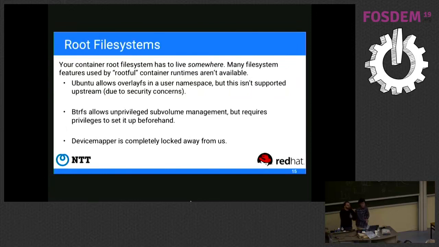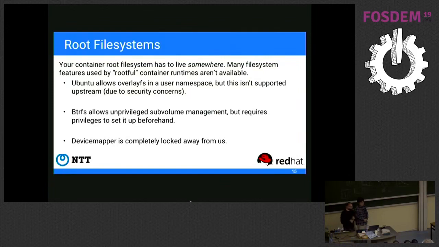The container being used needs to have its storage configured, and it needs to live somewhere. Many of the file systems that are used for containers running as root are not usable for rootless.